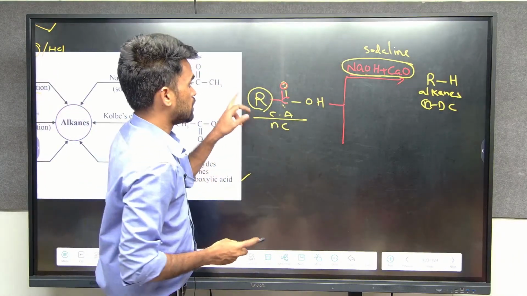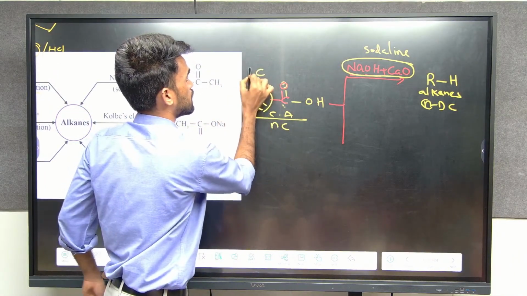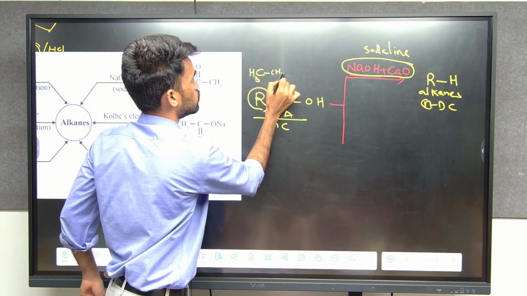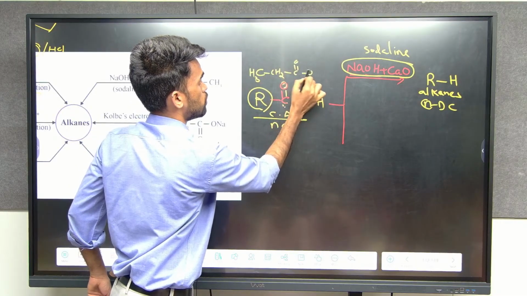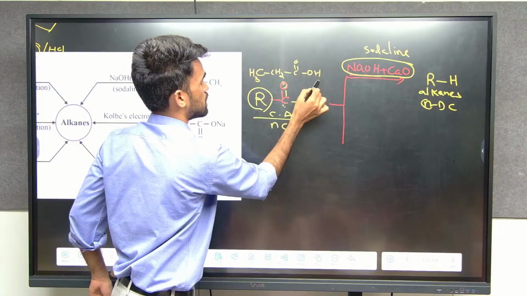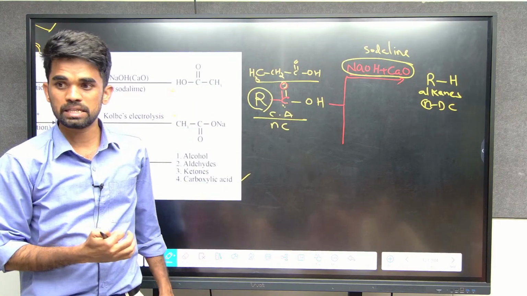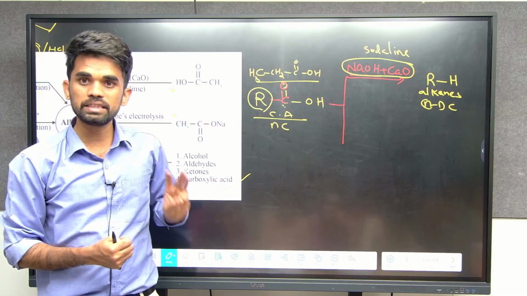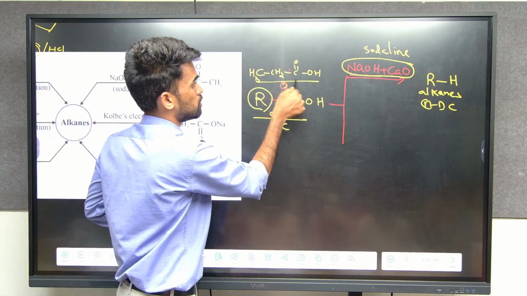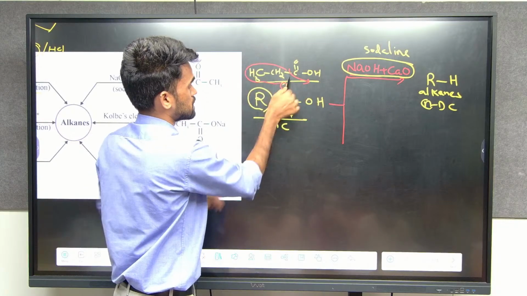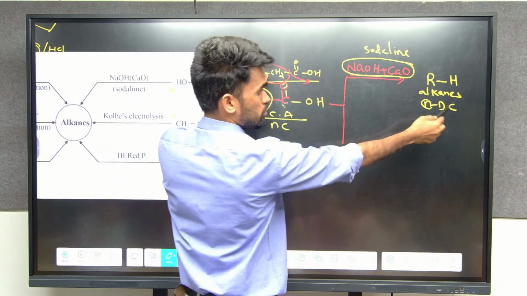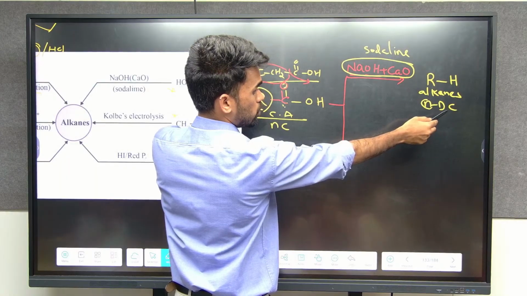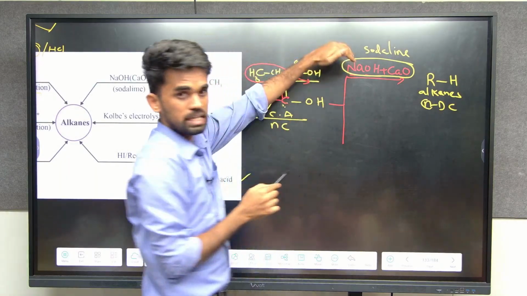For example, this compound is CH3CH2COOH. How many carbons are there in the starting material? 3, that is propanoic acid. What is my final product? Ethane, because this carbon is removed. So one carbon is less. Here 3 carbons, 3 minus 1 means 2. So what is my product name now? Ethane only. Is that clear, everyone?